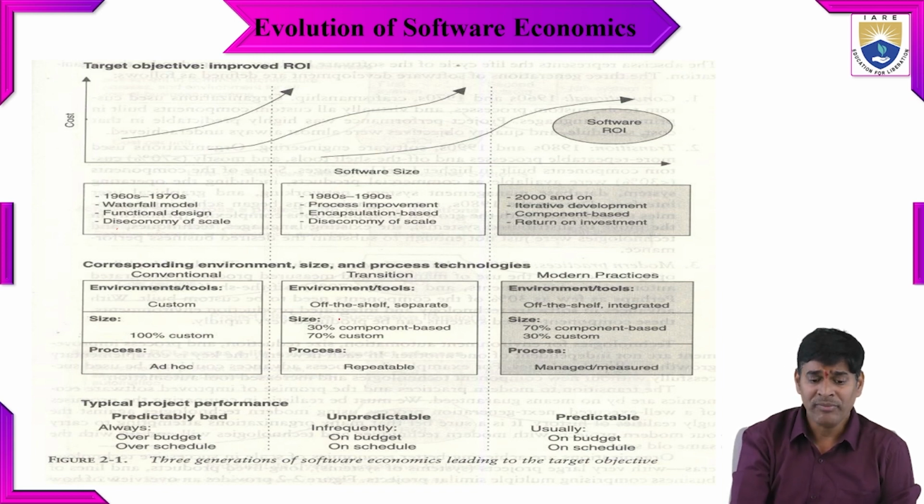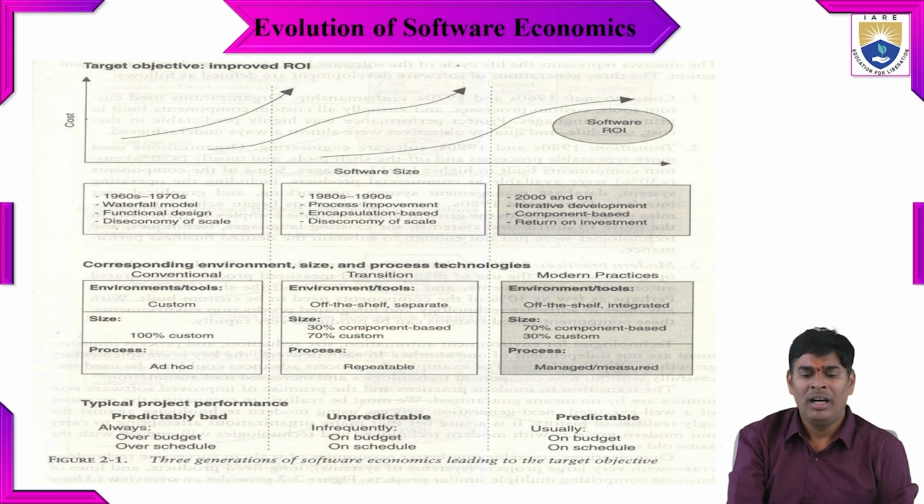The next one is OTS. OTS is nothing but off the shelf. This was developed in the era of the 1980s to 1990s. Process improvement happened here, and they used encapsulation-based design.